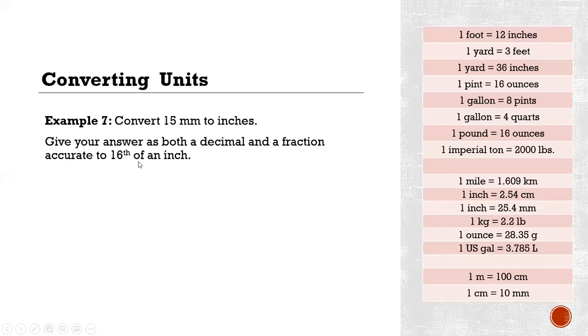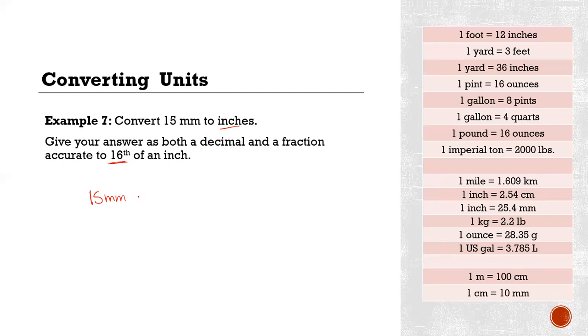I know several instructors ask this on their exams for theory or practical that aren't necessarily in math class, so it would do you well to make sure you know how to do it. So 15 millimeters, we want to convert it to inches, accurate to a 1/16 of an inch.